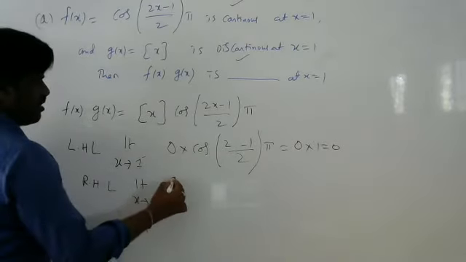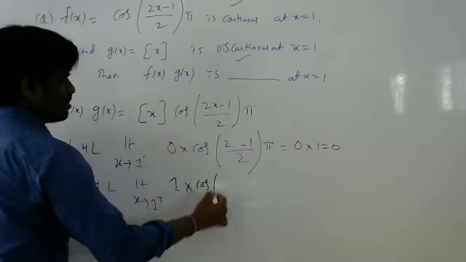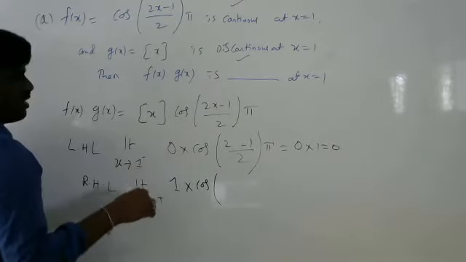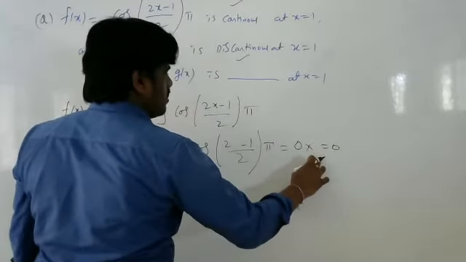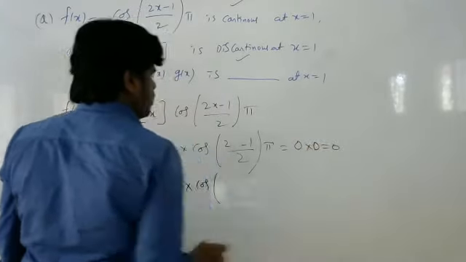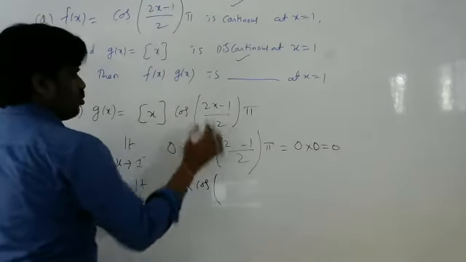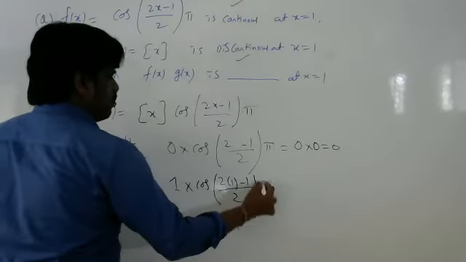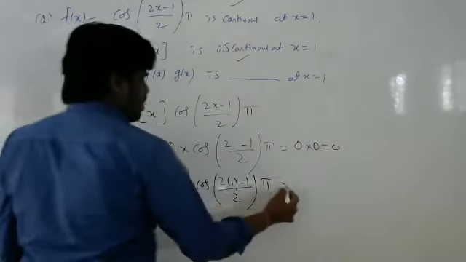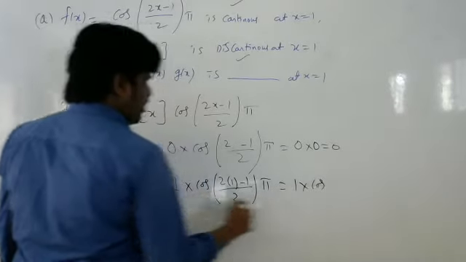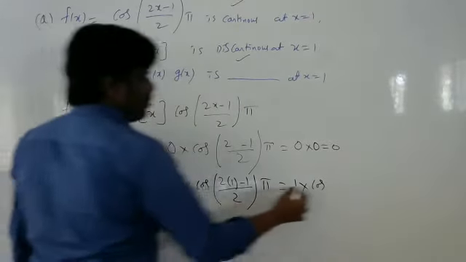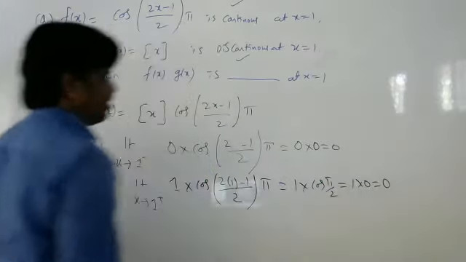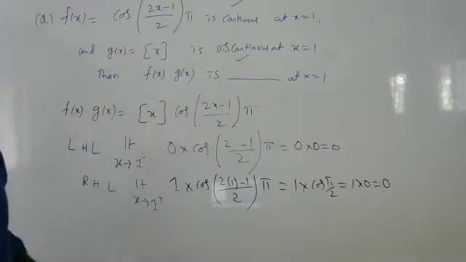So here it is 1 into cos of (2 into 1 minus 1)/2 into pi. Okay, so I get 1 into cos pi by 2. Cos pi by 2 value is how much? 0. 1 into 0 is 0. LHL is equal to RHL.